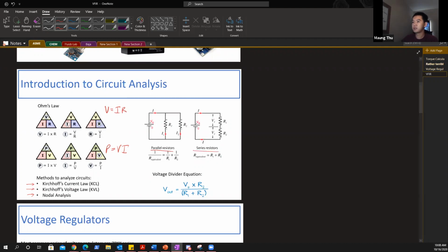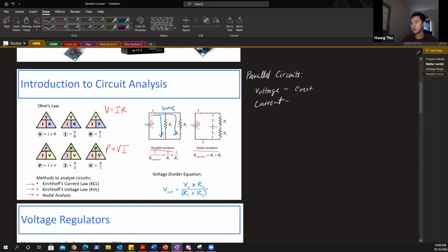Parallel, let me write this down. Parallel circuits: voltage, current characteristics. When it comes to parallel circuits, what you have is constant voltage. In other words, the voltage going through here and the voltage going through here are the same.